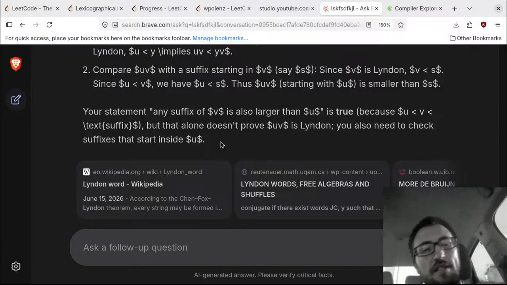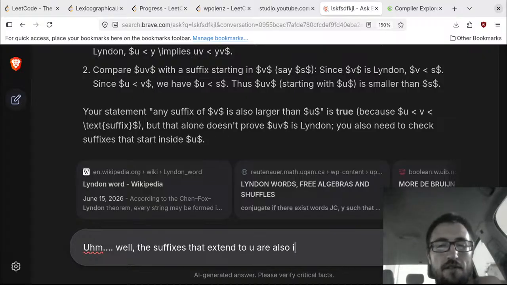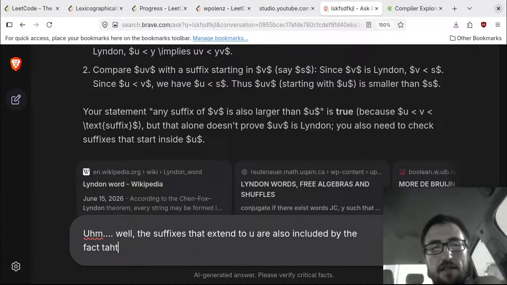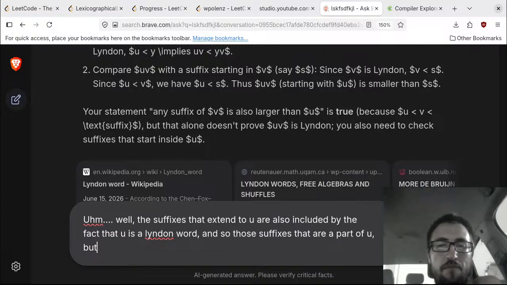You also need to check the suffixes starting inside U. Well, suffixes that extend into U are also covered by the fact that U is a Lyndon word. And so those suffixes that are a part of U but extended by V are immediately less than U.